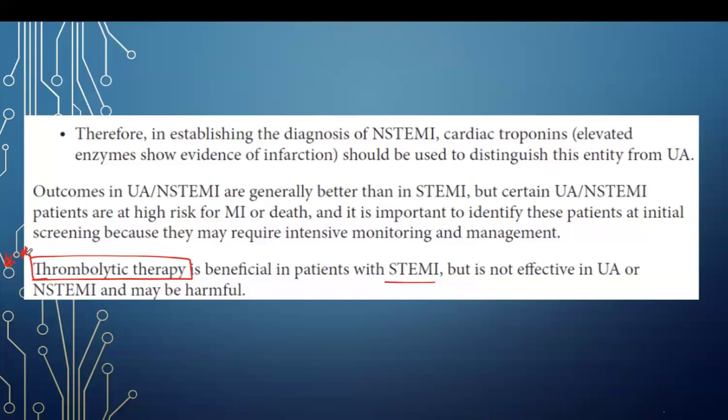The only patient who can get benefit from a percutaneous coronary intervention, which is the PCI, the main treatment of ST elevated MI, or if PCI is not available, like in a rural setting, then we have fibrinolytics like streptokinase, alteplase, reteplase, any of those thrombolytic ones. So these two options are only for ST elevated MI patients. They are not effective for unstable angina or a non-ST elevated patient.